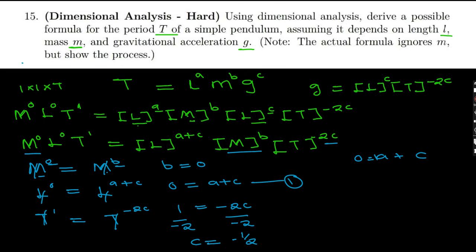It is going to be negative C equal to A. Since C is negative half, we put negative negative half there. I mean half is equal to A. Negative and negative will cancel. We're going to have our A equal to half.